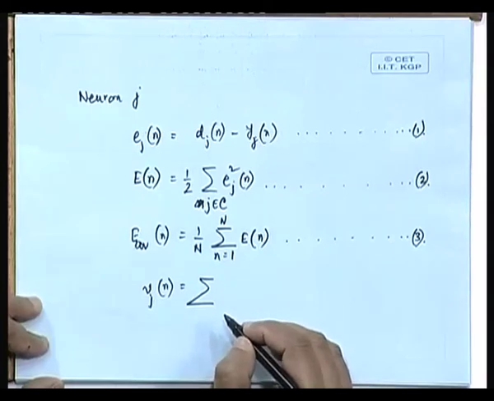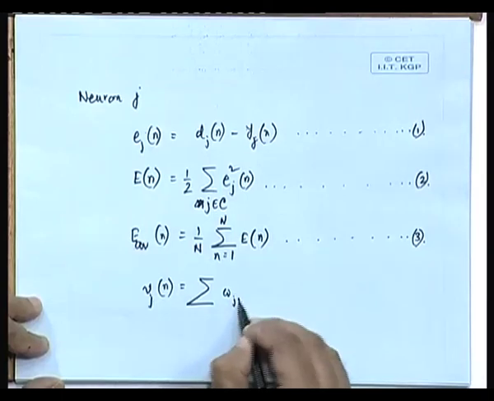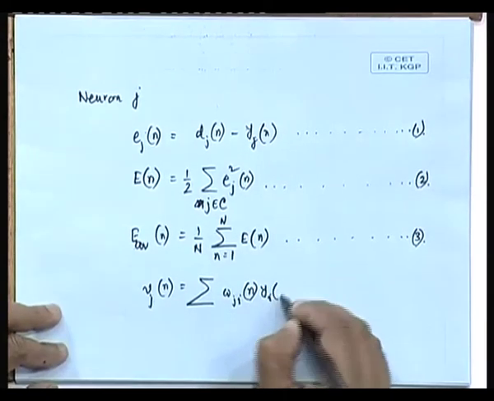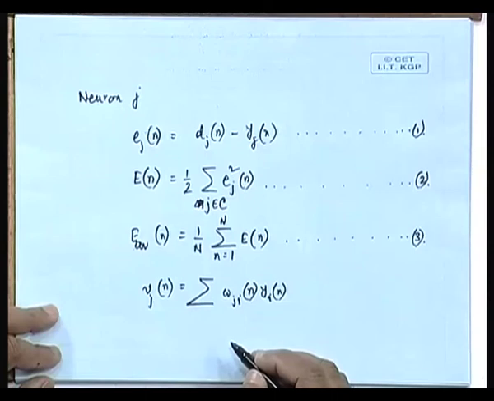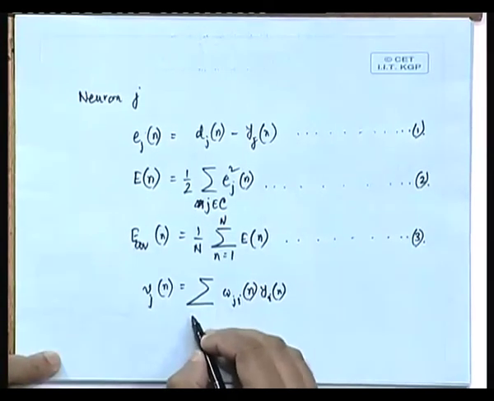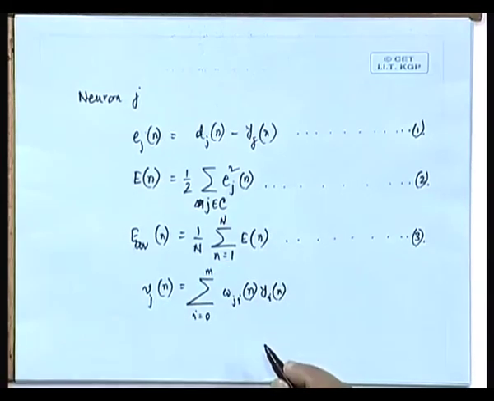So, v_j(n) we can write down as the summation of w_ji(n) times y_i(n), where y_i belongs to the layer which is previous to it. If we take j as an output layer neuron, then obviously it refers to the hidden layer that just precedes the output layer, and we have to sum it up for i equal to 0 to m, where m is the number of neurons in the previous layer.